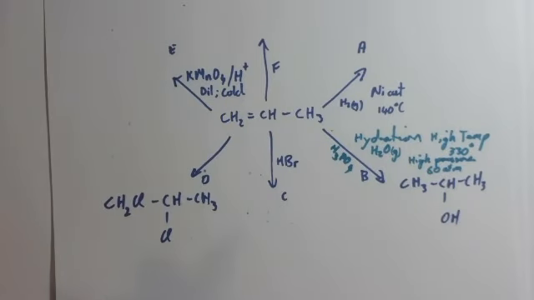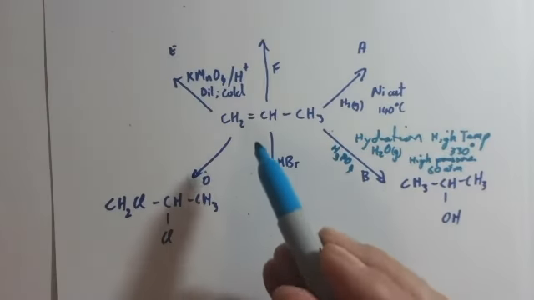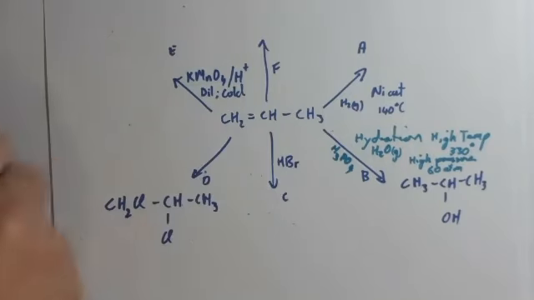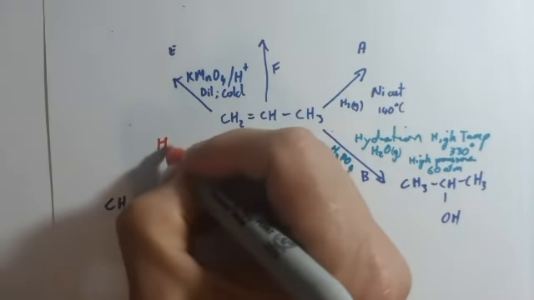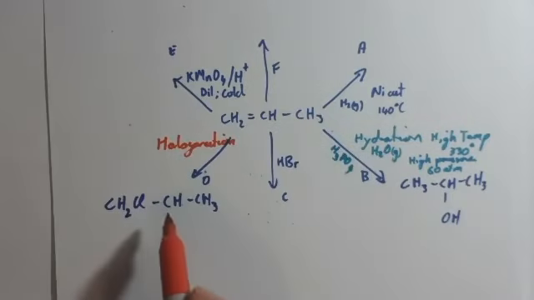What's next? For D, what is D? D is halogenation. It's two different cookies. Halogenation, meaning adding halogens. It's still electrophilic addition.